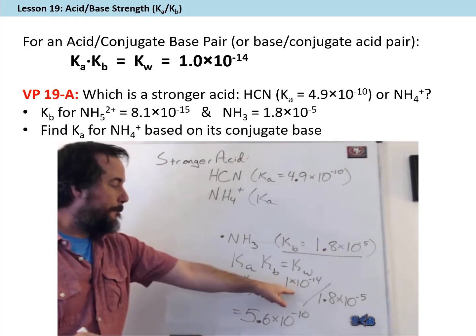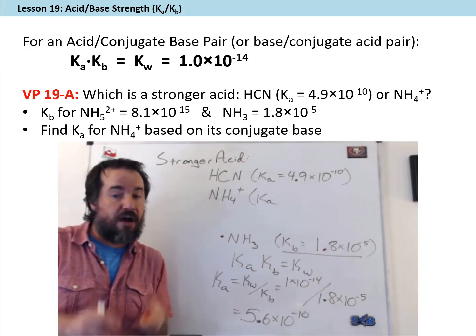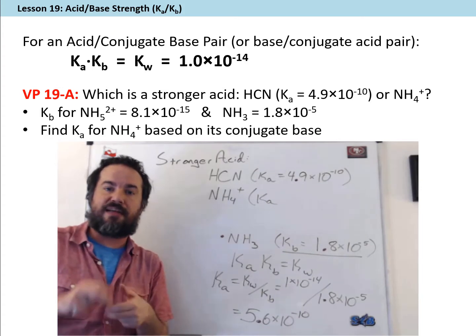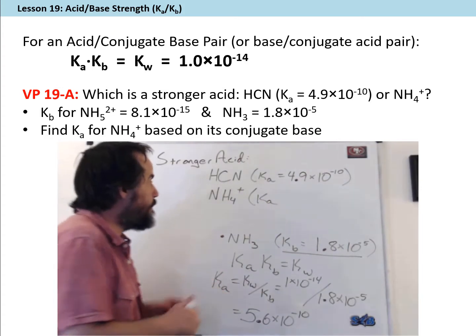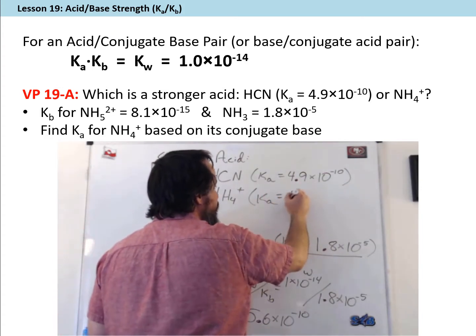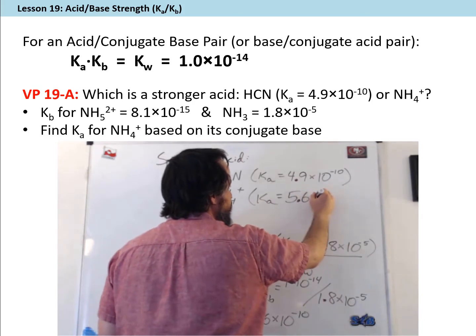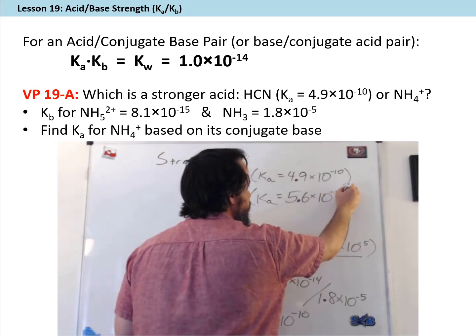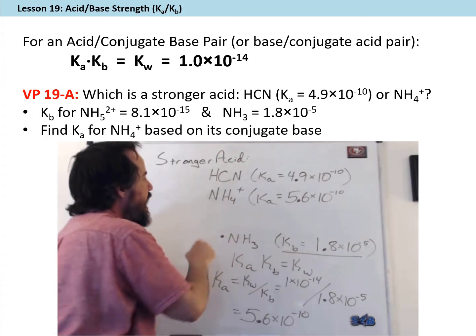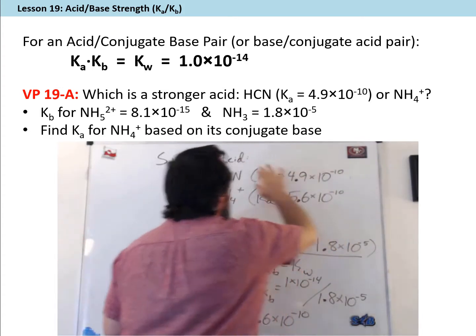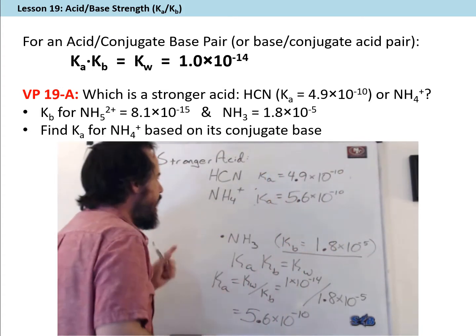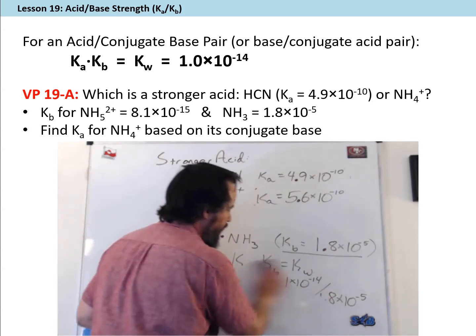Make sure you know how to do this in your calculator. Come to office hours, come to SI, let's figure it out, because you'll need to be able to do this on tests, on homework, etc. Now I know the Ka for my HCN and for my NH4 plus.